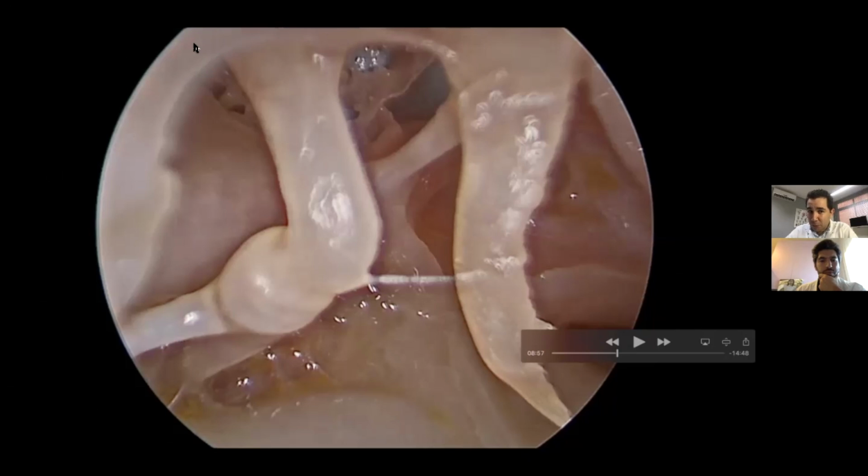The aditus ad antrum is in this position here. This is the long process of the incus, and this is the stapes, as you saw, with the incudostapedial joint. Even during surgery, we can have this very close-up view. Of course, during real surgery you can have this close-up view, but you have to take care not to disrupt the ossicular chain or cause any lesions.